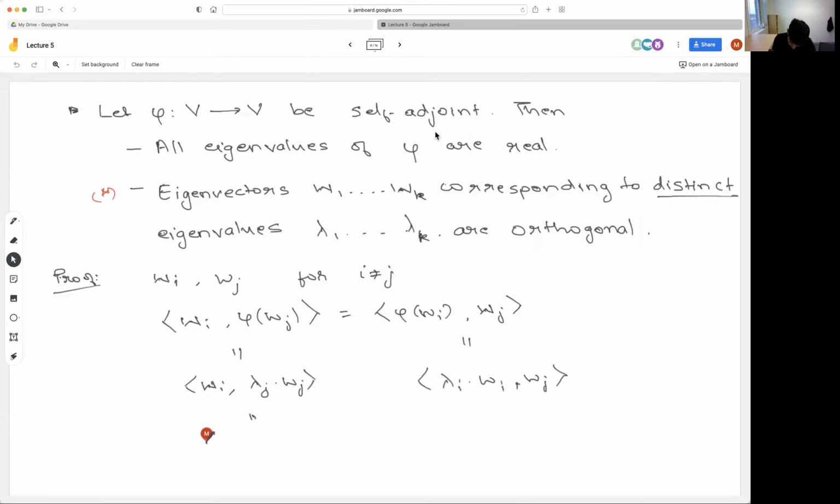Again, using linearity, I can write it as lambda j times the inner product of Wi and Wj, and I can write the other as lambda i, really lambda i conjugate, but I just proved that lambda i is a real number, so I don't need to worry about conjugation.